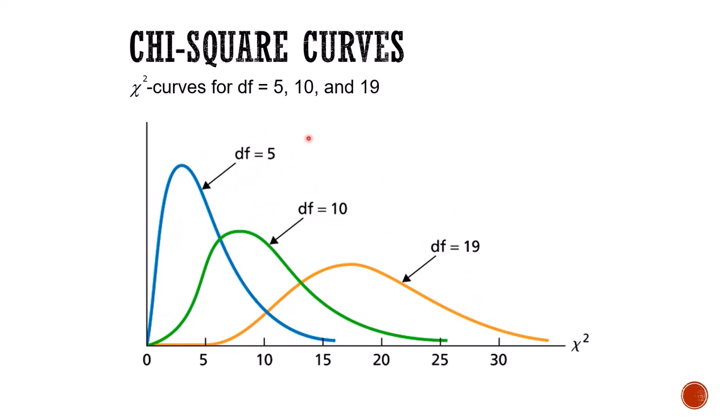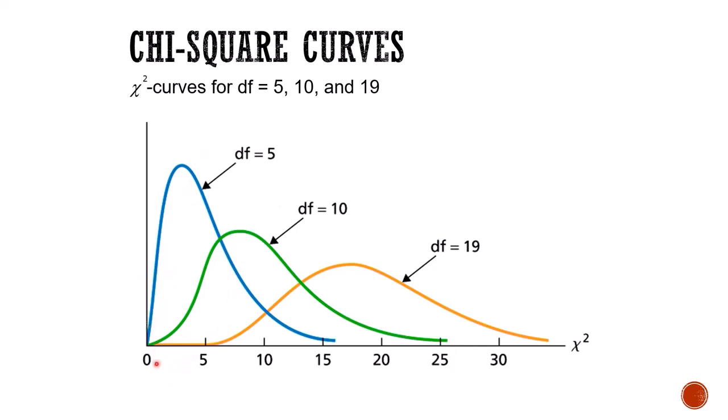The blue one has df 5, the green one has df 10, and then the orange one has df 19, which kind of looks similar to a normal curve, maybe a z or a t curve, but it is not one of those. All right, it gets to that shape, but it is a different distribution. It's a chi-squared curve. Now note some features about the chi-squared curves.